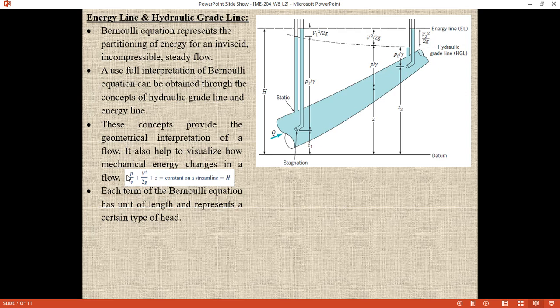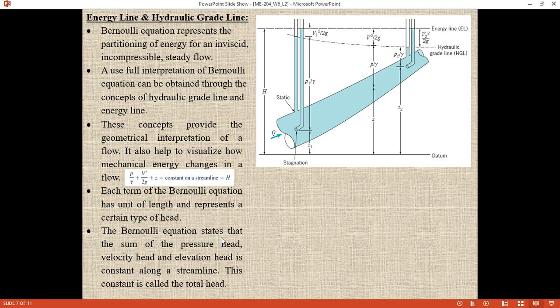The Bernoulli equation states that the sum of pressure head, velocity head, and elevation head is constant along the streamline, because this is all equal to a constant. Along a streamline, this constant is called the total head. So the total head during the flow remains constant. This is the concept.